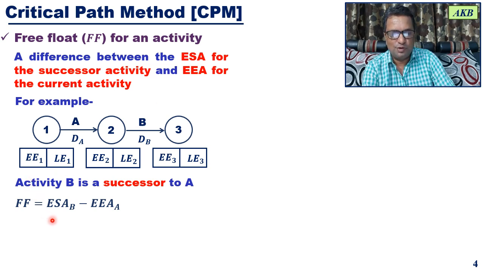So free float will be the earliest start time for activity B minus the earliest end time of activity A for this particular example.